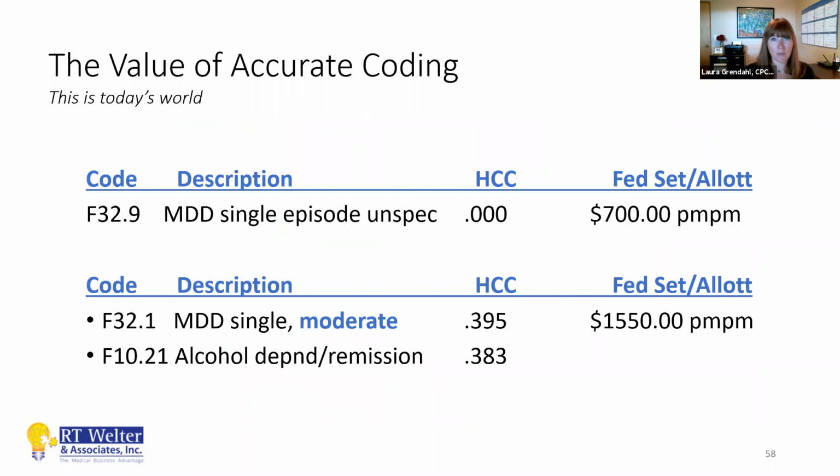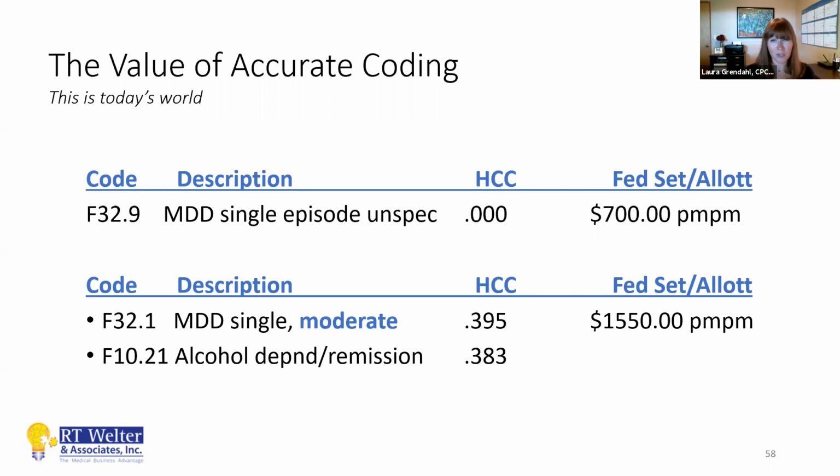Here's a great example of risk adjustment and HCC values. This will give you an example of what that means from a reimbursement standpoint. So if we're looking at this example and we have a major depressive disorder, single episode, unspecified. So the documentation says major depressive disorder, and that's it.